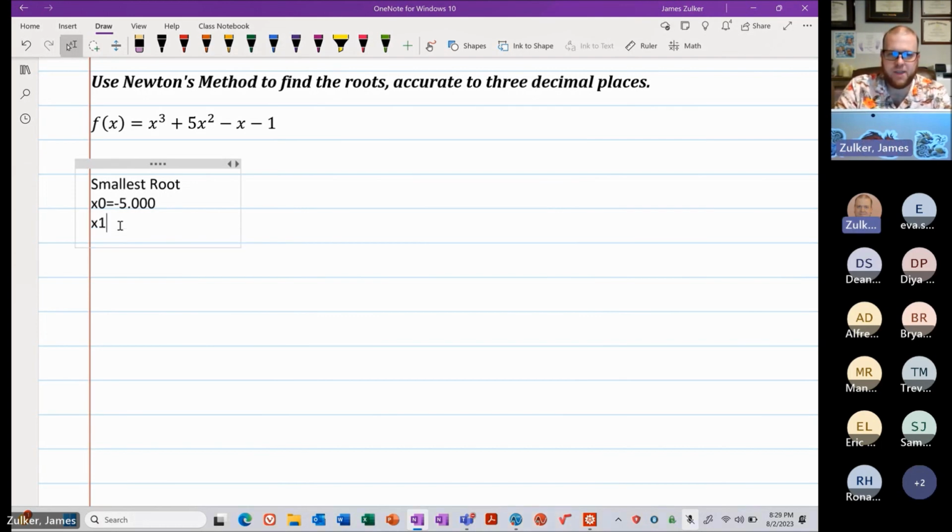Then I would go, okay, x1 is x0 minus f of x0 divided by f prime of x0. I'd actually write out what the derivative is, and then write down what we got, which was negative 5.167.